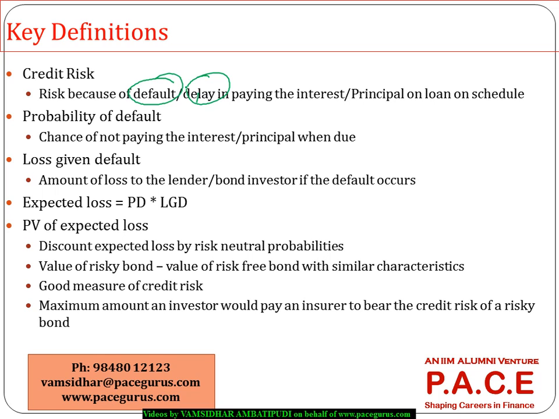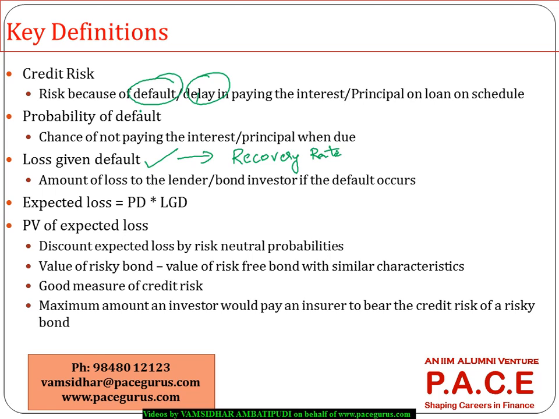That particular aspect is measured through what we call loss given default. What is the amount of loss in case the borrower has defaulted? How much can I recover? These two terms, loss given default and recovery rate, are closely related.